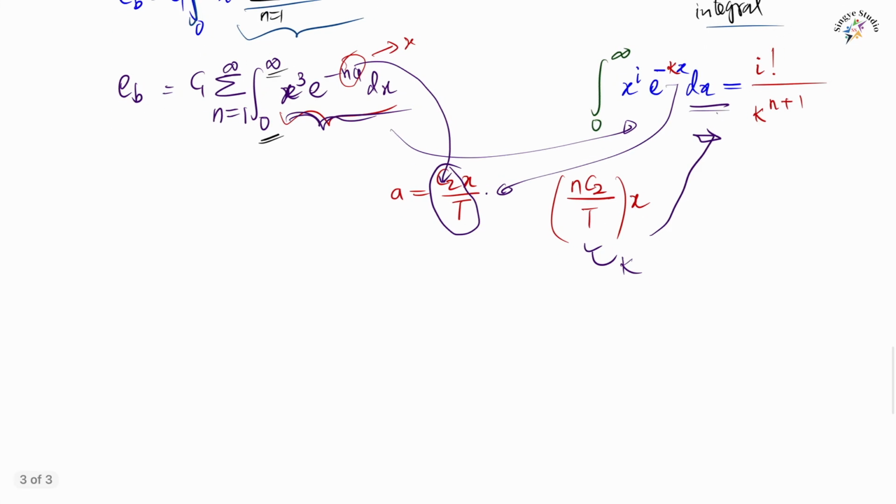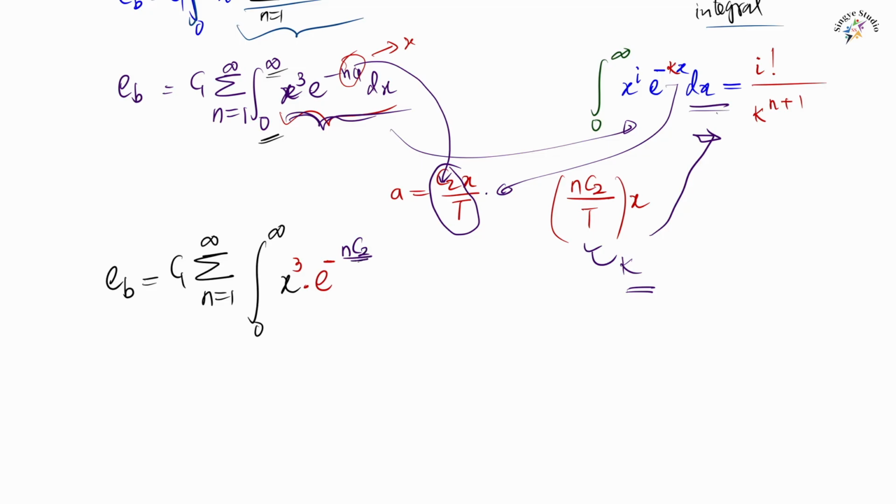So I will write E_b equals c1 times the summation of n equals 1 to infinity of the integral from 0 to infinity of x cubed e^(-(n c2 upon t) x) dx.